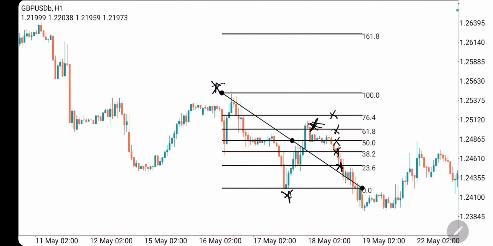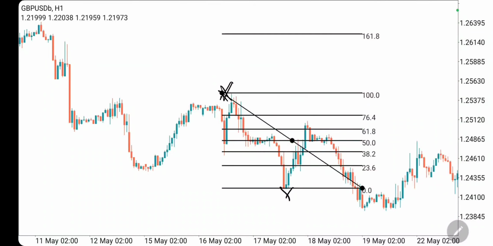In this case the market can choose to reverse, or retrace and continue to sell. So how am I going to know? When I've drawn this Fibonacci tool, this is my swing high. I draw from swing high to swing low because I'm in a sell, in a bearish trend.